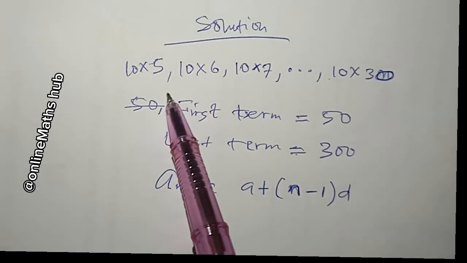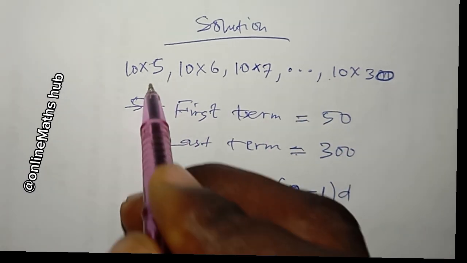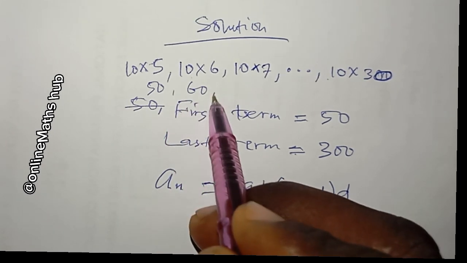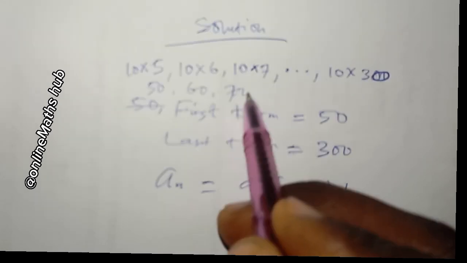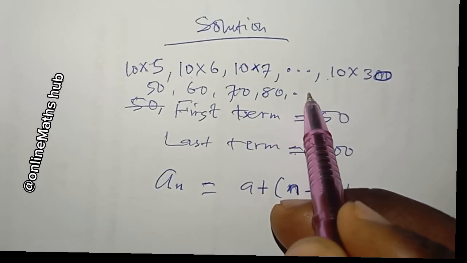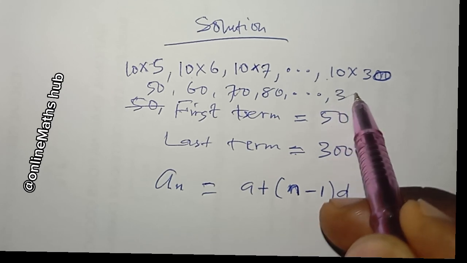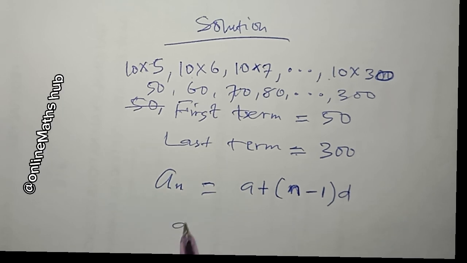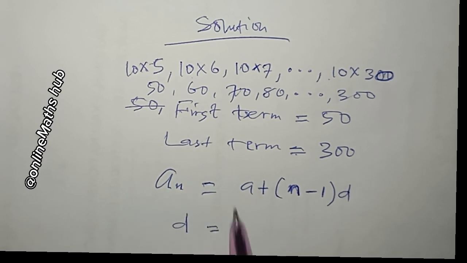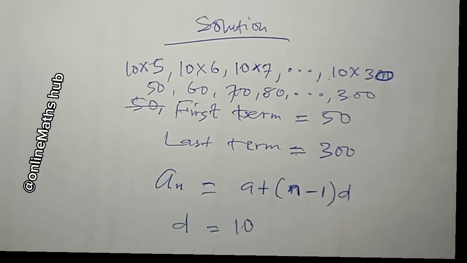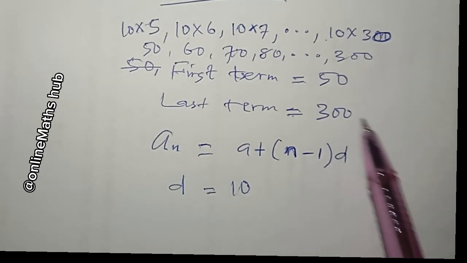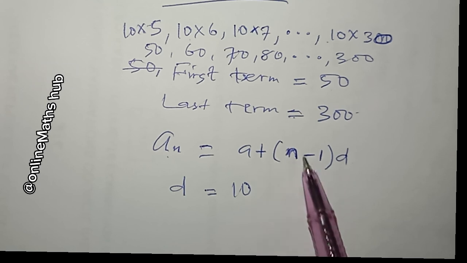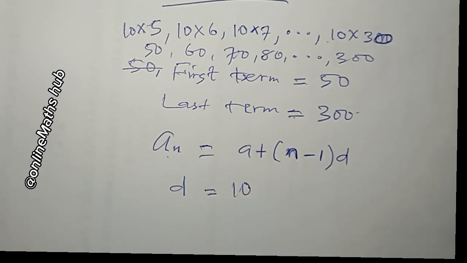So when you look at this sequence right here, if this one is 50 and then this one is 60, of course this one is 70, it continues in that order until 300. You can clearly see that our d, which is the common difference, is equal to 10. So since I've got the last term, I'm going to substitute right here so that I can find out the number of terms in this sequence.